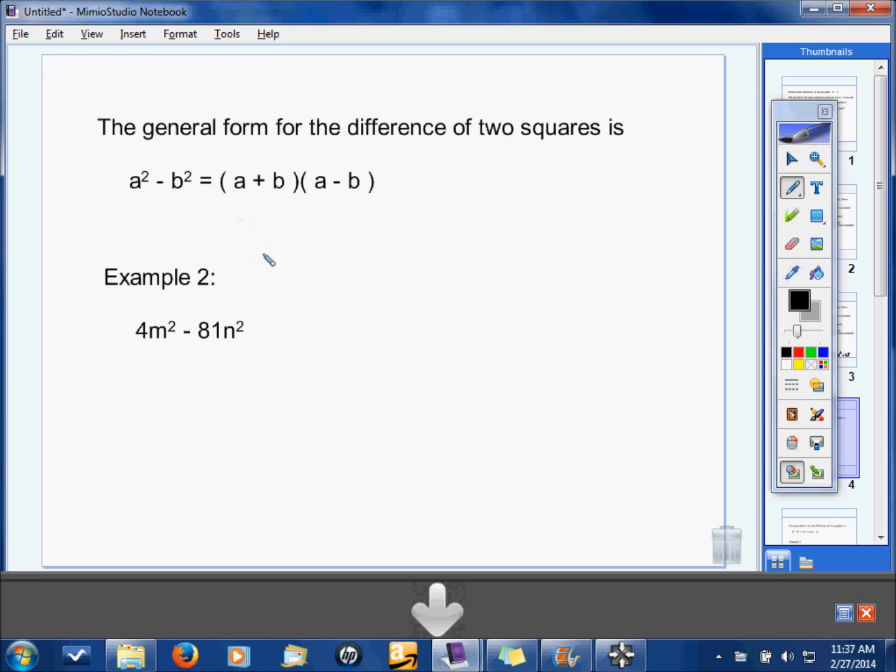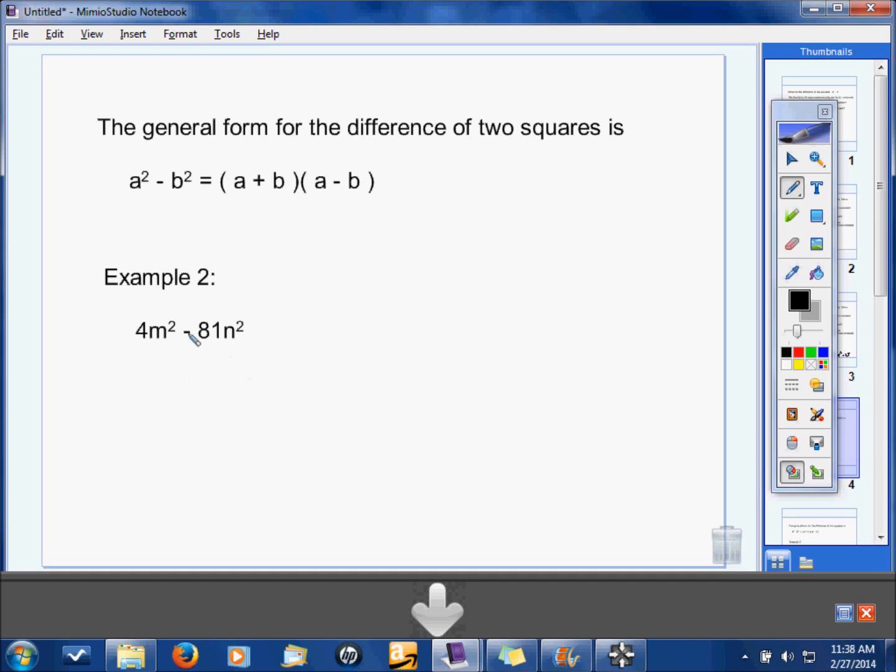The hardest thing is figuring out what's squared. So we have a second one to look at, because it's not always just real simple where you've got one variable, one number. We're going to check first of all, is there anything in common? No, nothing in common. However, is it a difference of two squares?